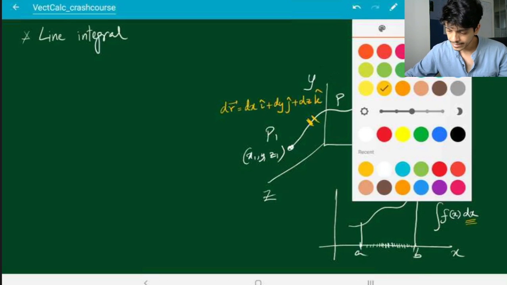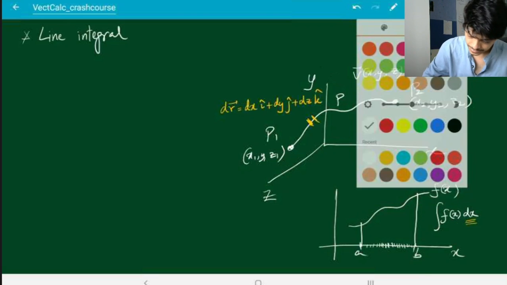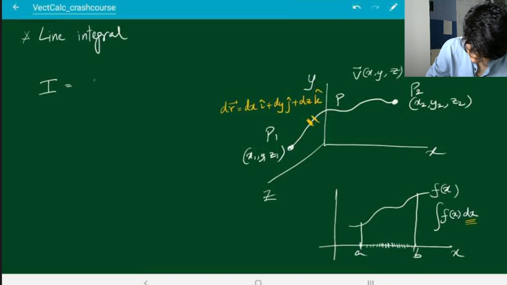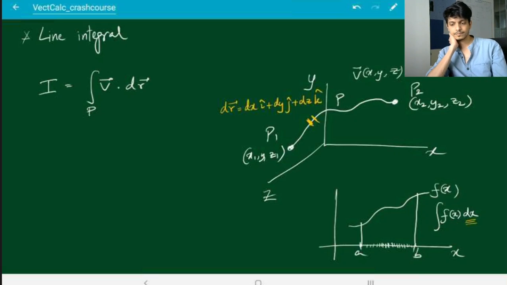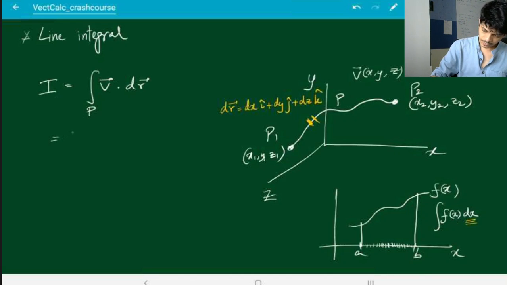And then the line integral is defined as integral v dot dr along the path P. So that is a definition. So if you write it out, it will become v1 dx plus v2 dy plus v3 dz.